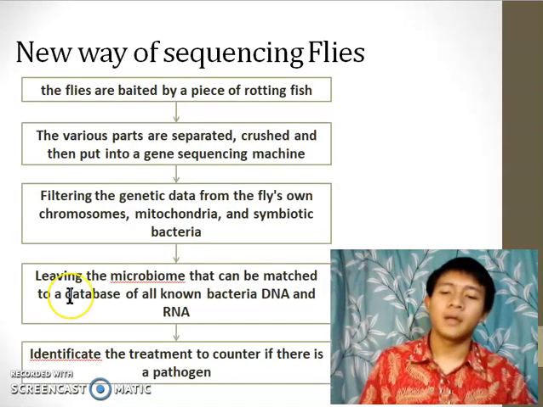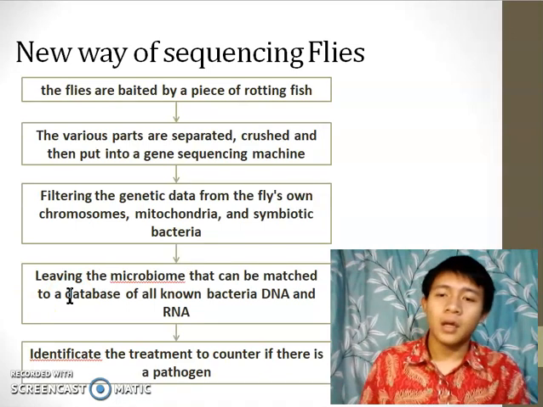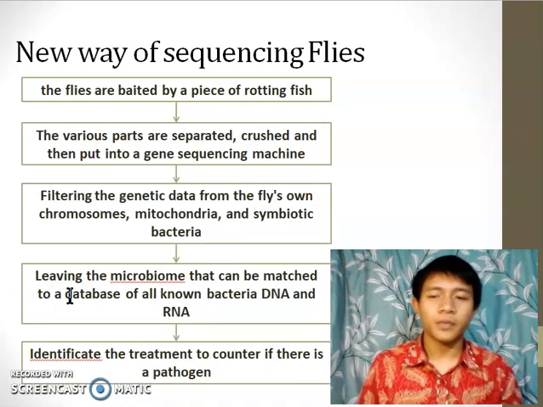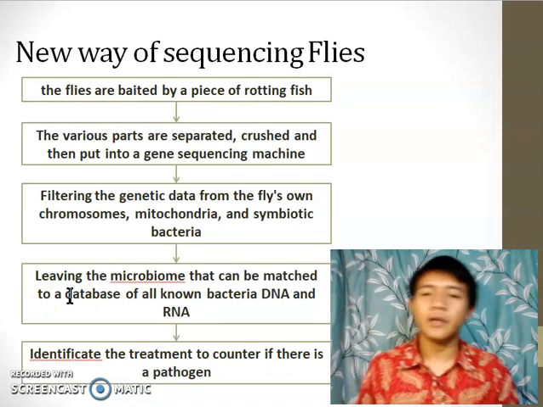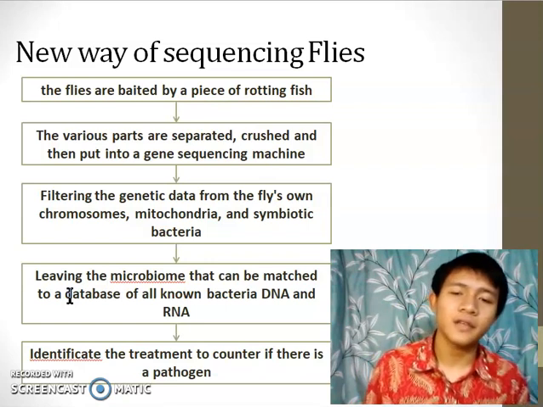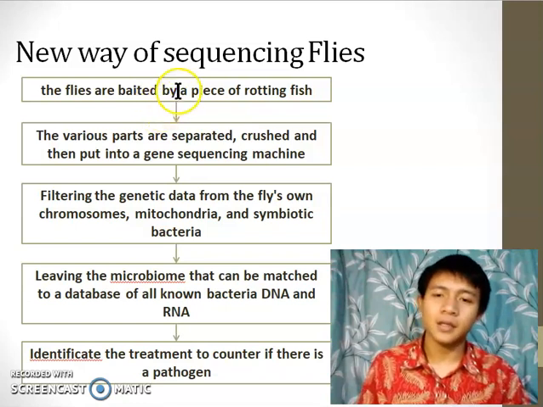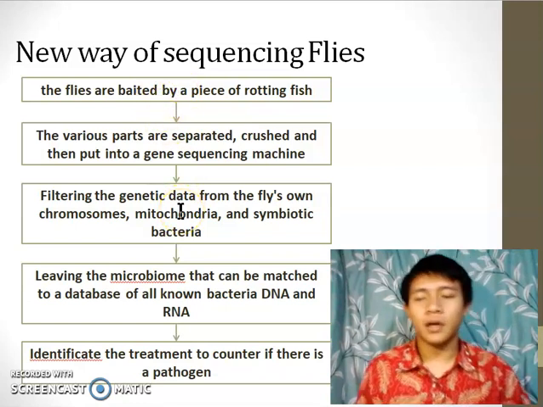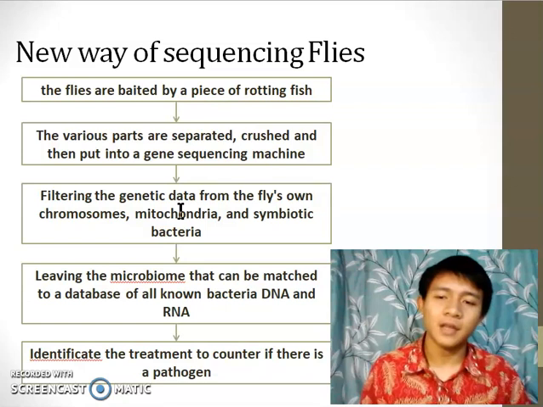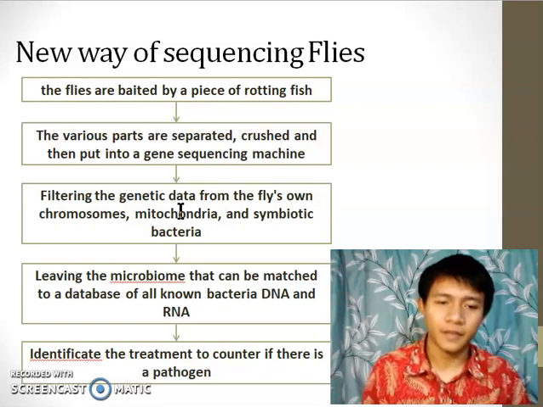Okay. The next is that the scientists have found a new way of sequencing the flies. In this slide you can see the steps. The first is that the flies are baited by a piece of rotting fish.